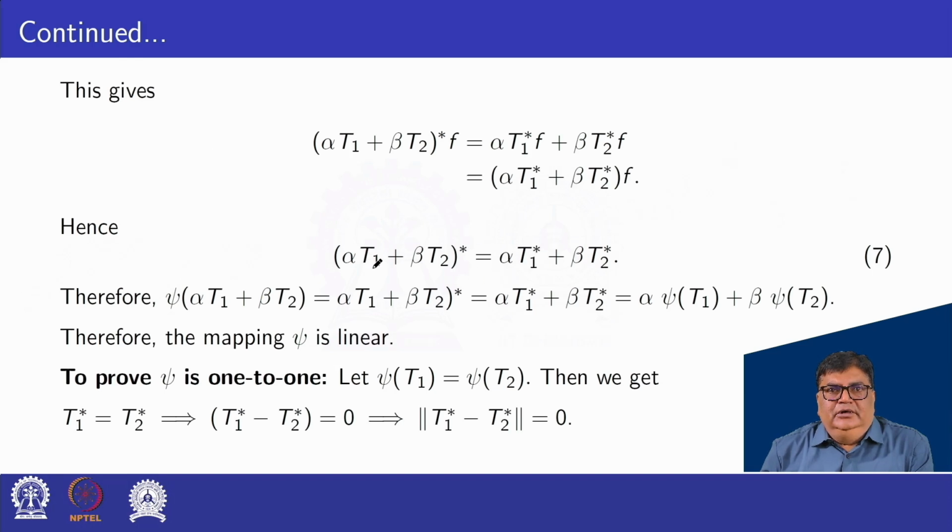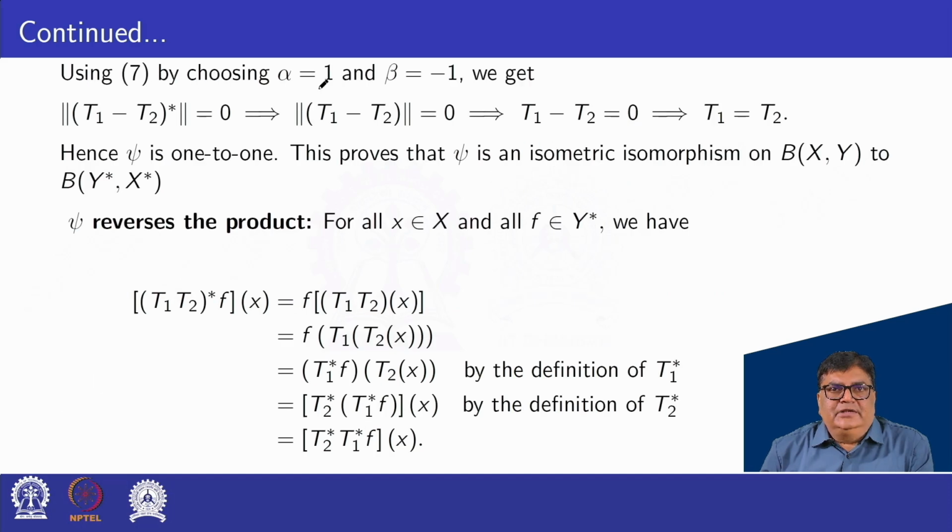Then we have (T1 minus T2)* is equal to T1* minus T2*. So from equation 7, by choosing alpha equal to 1, beta equal to -1, norm of (T1 minus T2)* is equal to 0.